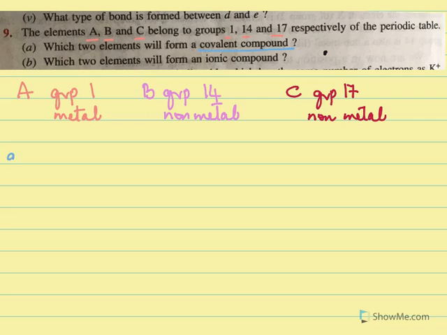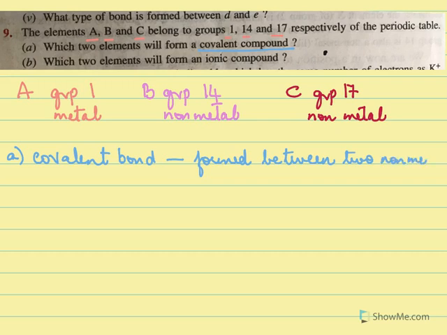Now for the first question, which two elements form covalent? Now covalent bond is always formed between two non-metals, because it is formed by sharing of electrons.